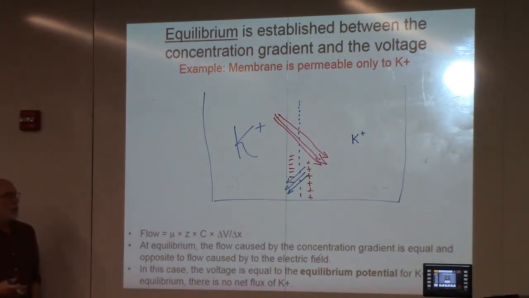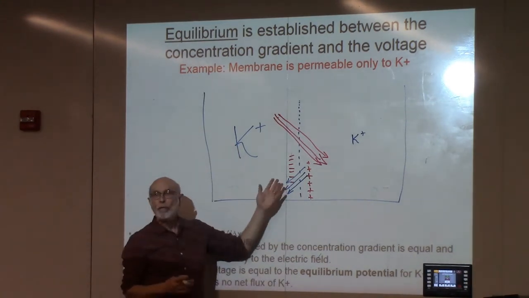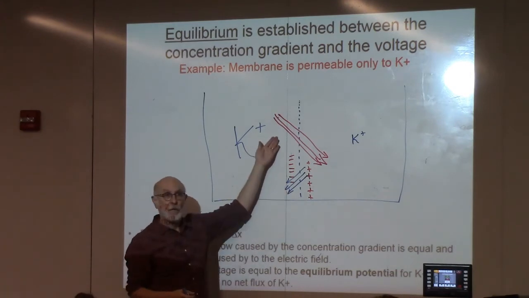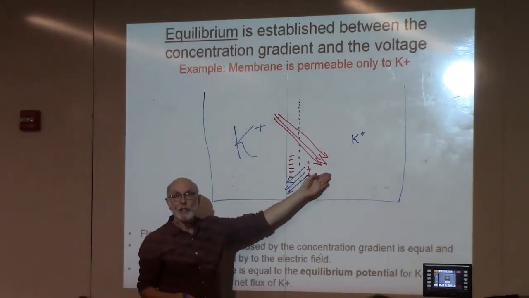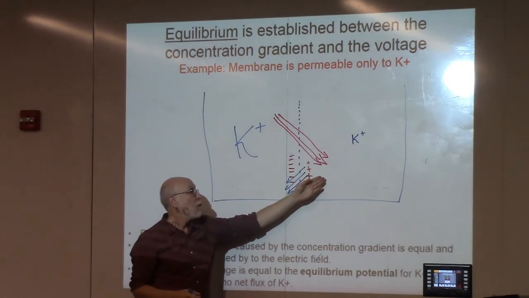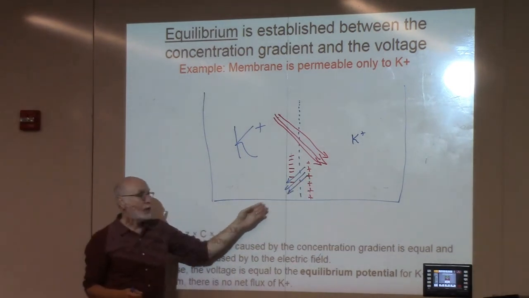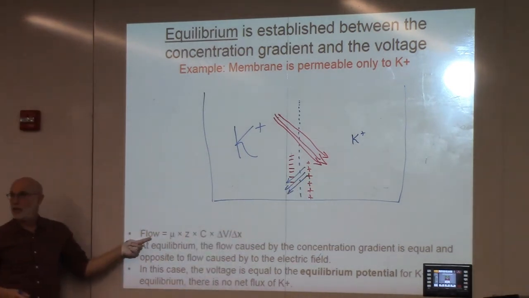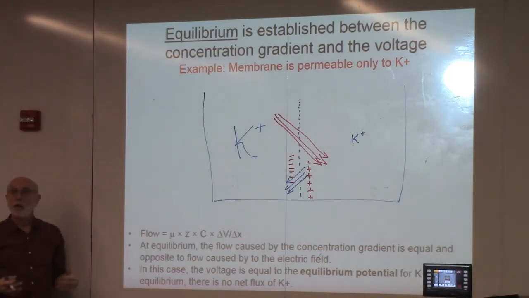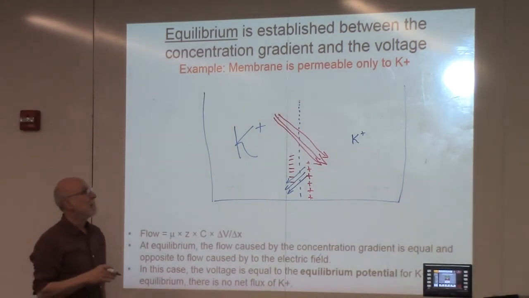And eventually, the two forces, the force for flow due to the concentration gradient, and the force for flow due to the electrical gradient, which also has an equation, I'm not going to get into it, are equal and opposite. Eventually, we reach an equal and opposite condition, and that is equilibrium.